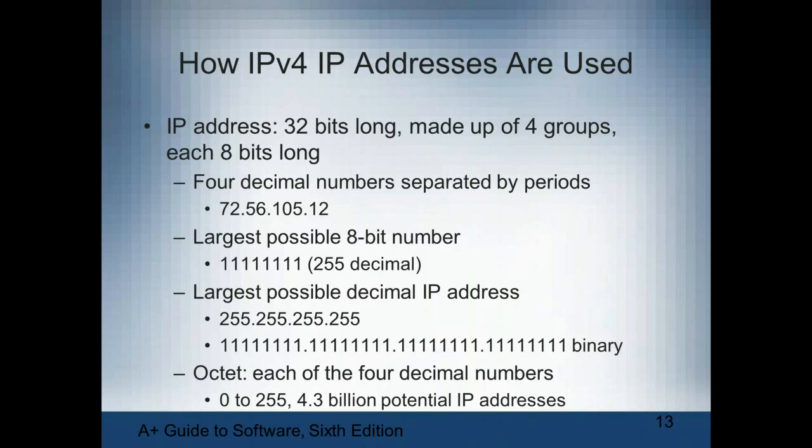You are a techie. 0 represents something. It's not the null set. So if we had all 255s, we'd have a whole string of 32 ones in binary. We break them up into octets because there are 8 numbers in each one: 8 ones or zeros in each of the areas separated by dots.